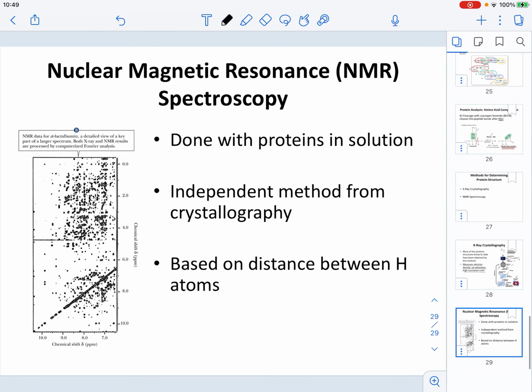Now, the structure of a protein can also be obtained through looking at NMR. NMR stands for nuclear magnetic resonance spectroscopy. Understand that different from what we saw in X-ray diffraction, for NMR, our proteins need to be in solution. That means that they need to be soluble.